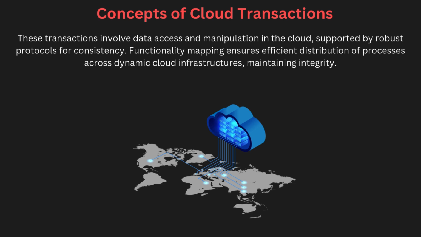Functionality mapping in cloud transactions ensures that application processes are efficiently distributed across resources, optimizing performance. This concept is integral to modern cloud based systems, where maintaining transactional integrity across dynamic and elastic infrastructure is essential.